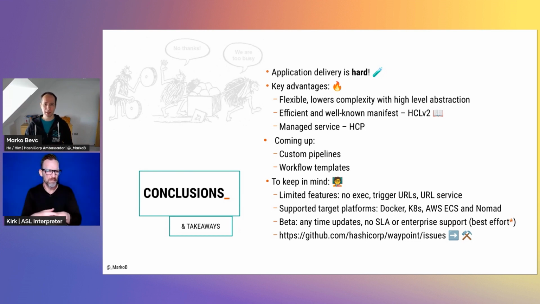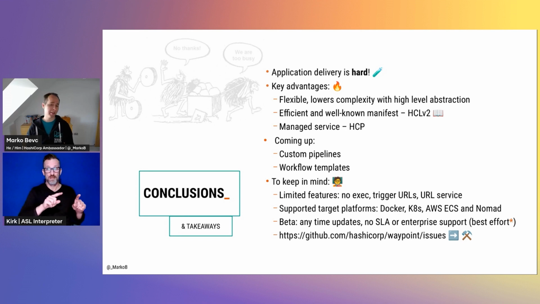Just a couple of things to keep in mind before we finish here is there are limited features available to the HCP Waypoint. Currently it doesn't support exec functionality, so you cannot exec into your workloads at this point. It doesn't offer trigger URLs or URL service. As you've seen, I've received my load balancer URL, but I cannot hook it up to a custom URL.